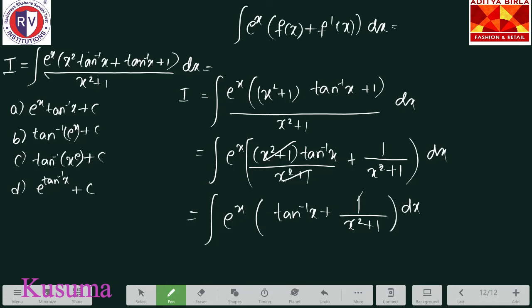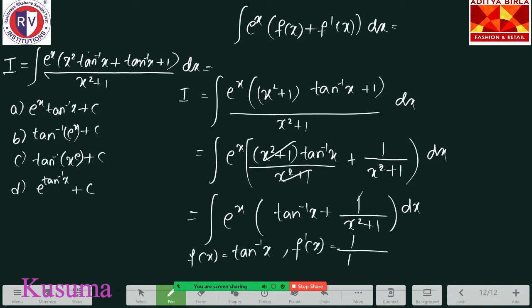If we consider tan inverse x as f of x, then f dash of x will be 1 by x square plus 1. Okay, so f of x here is tan inverse x and f dash of x here will be 1 by 1 plus x square. So I already said, if the integral is of this form, what does its integration become?